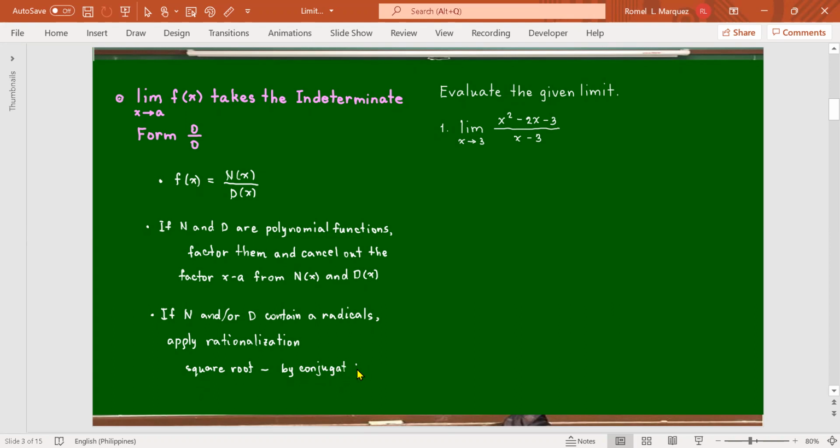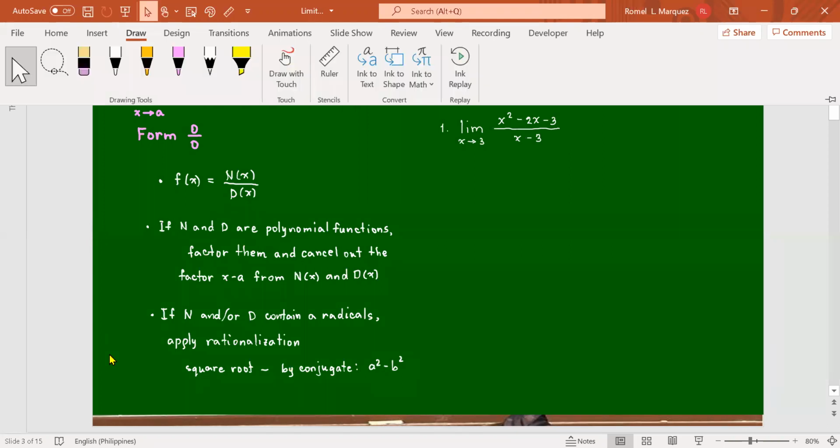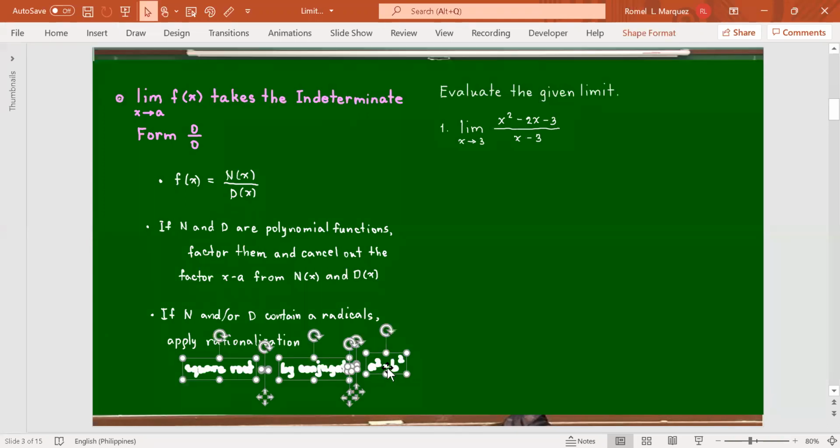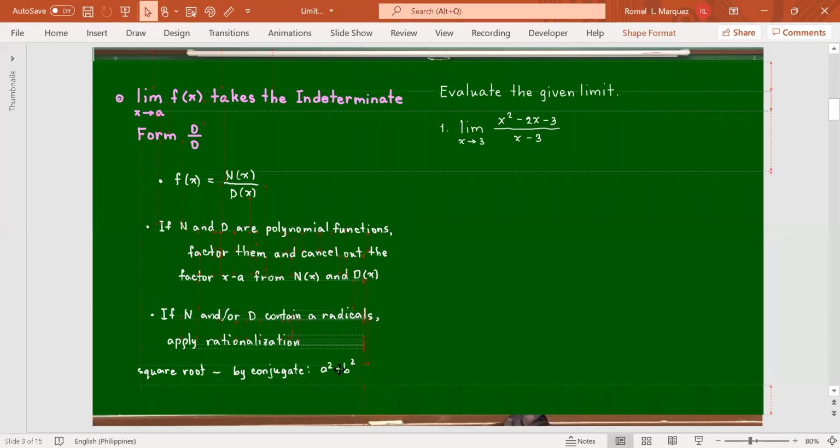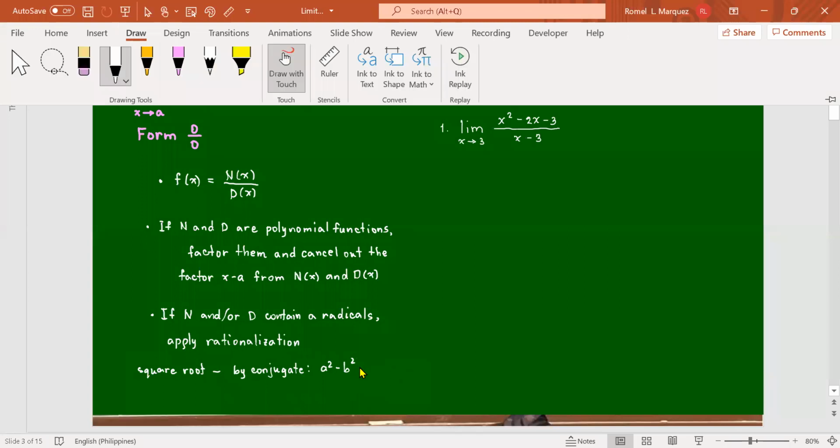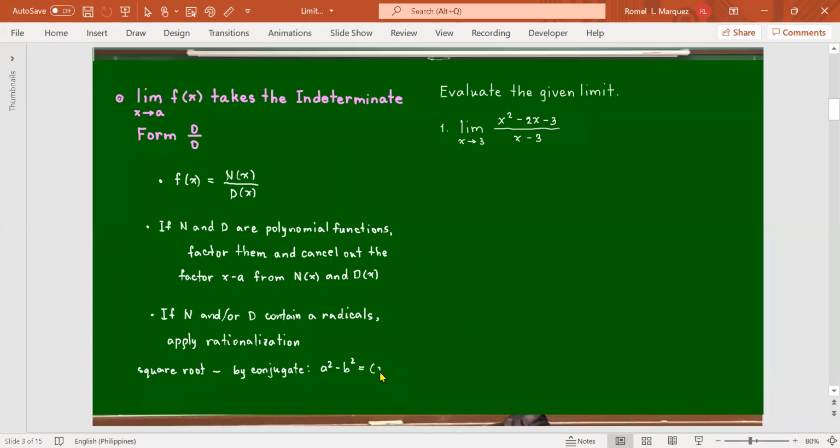So, we know that a squared minus b squared is equal to what, guys? What is that equal to, guys? Children? A plus b, a minus b. So, a plus b, a minus b. You're going to use this technique, right?